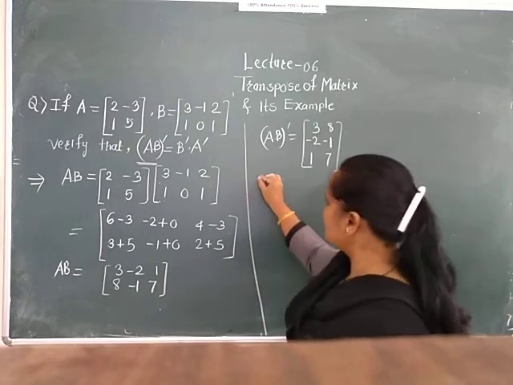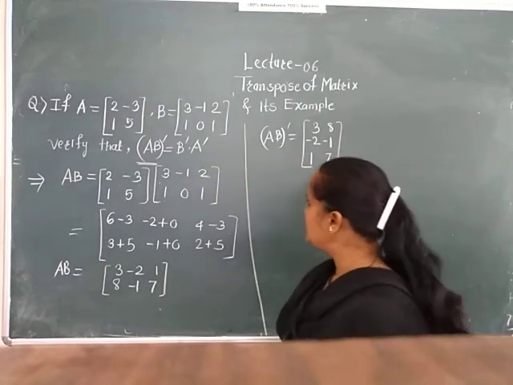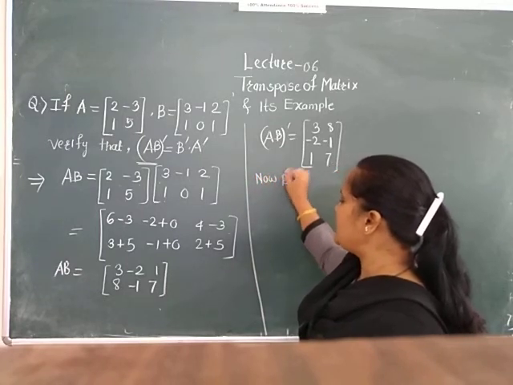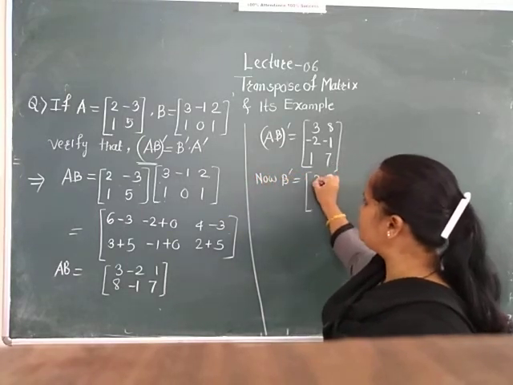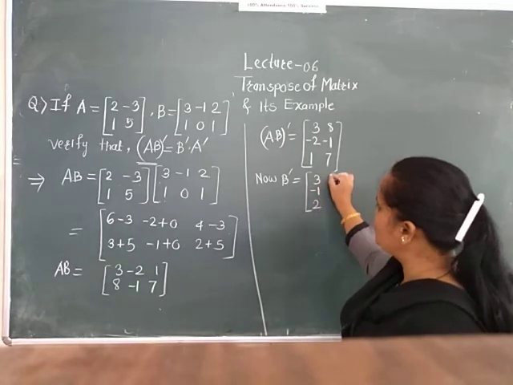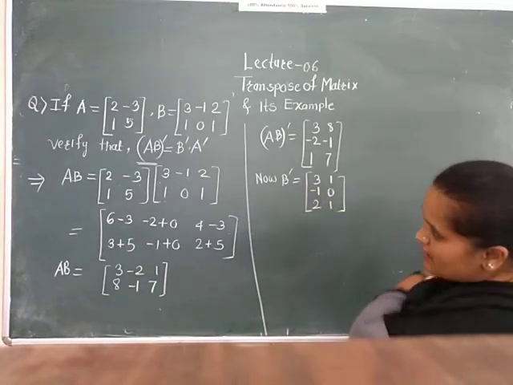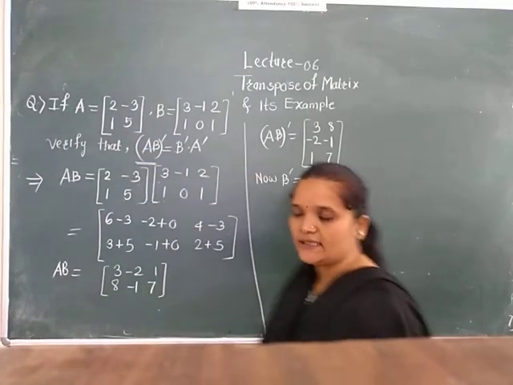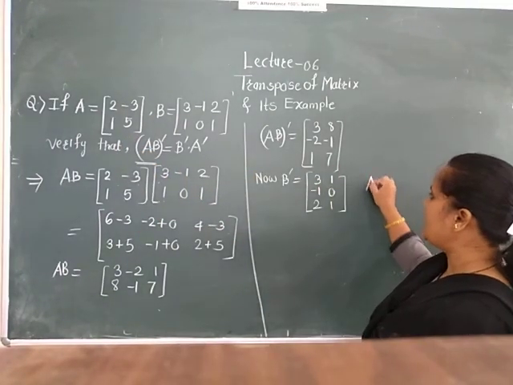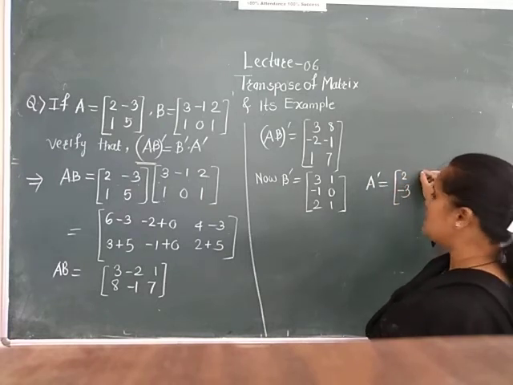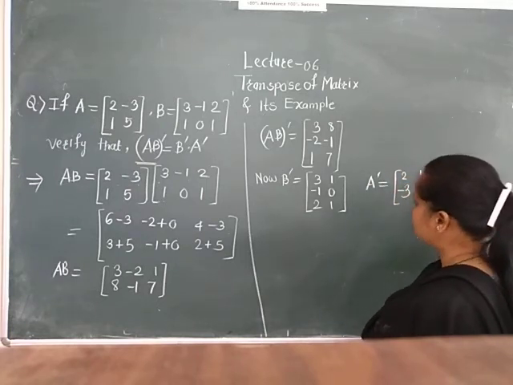Now we will calculate first of all B dash. B dash is equal to 3, minus 1, 2, 1, 0, 1. Then A dash. Our A matrix is this. Its transpose will be A dash is equal to 2, minus 3, then 1, 5.